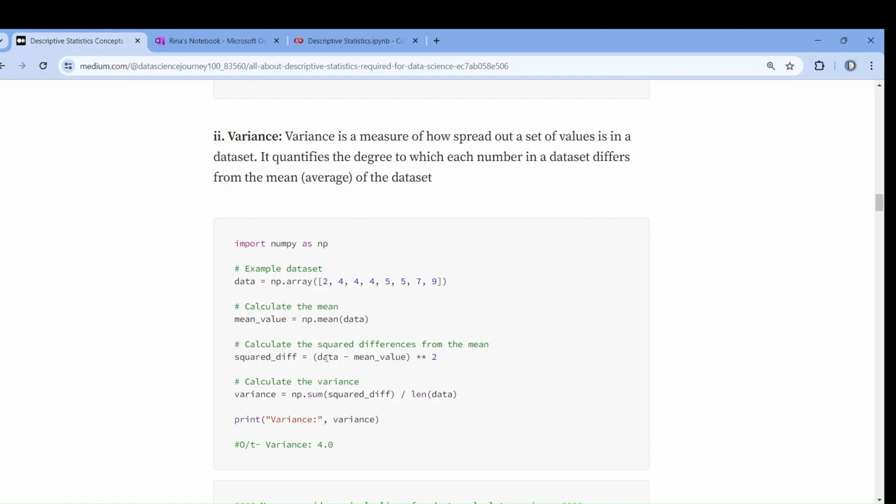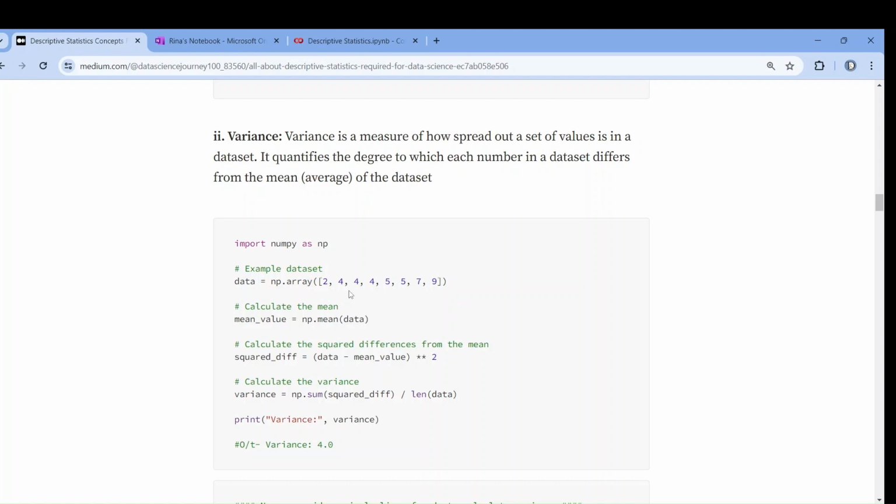Now a simple question I can ask you: we can simply subtract, but why are we making a square? We want to know how much it differs, so we can simply subtract. But why square? Because first, it is giving us negative numbers: 2 minus 5 is minus 3, 4 minus 5 is minus 1, minus 1, minus 1, 0, 0, 2, 4. Here it is giving positive numbers.